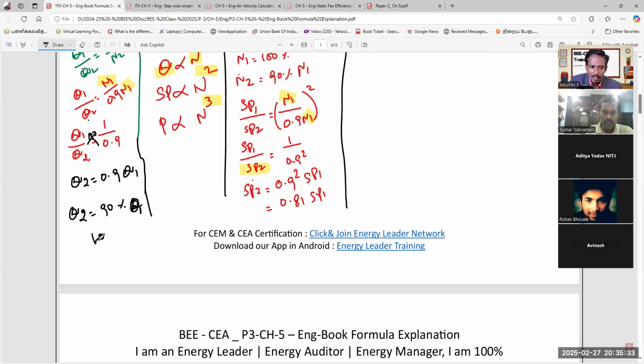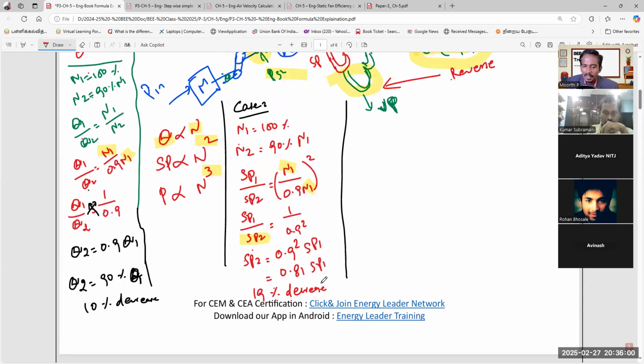This is a 10% decrease in speed and this is a 19% decrease in pressure. It is directly proportional to the square. Clear? If you reduce the speed by 10%, the pressure decreases by 19%.